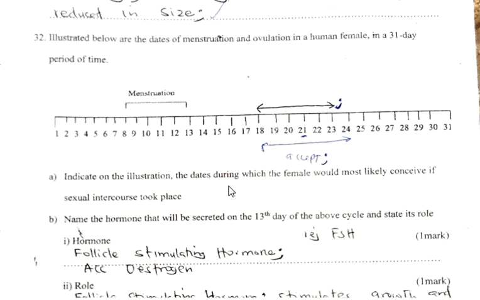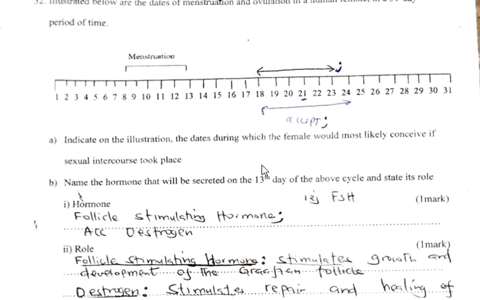And in this case, that is during a few days to ovulation or a few days after ovulation. And that is between 18th to 23rd. That is when the female will likely conceive.